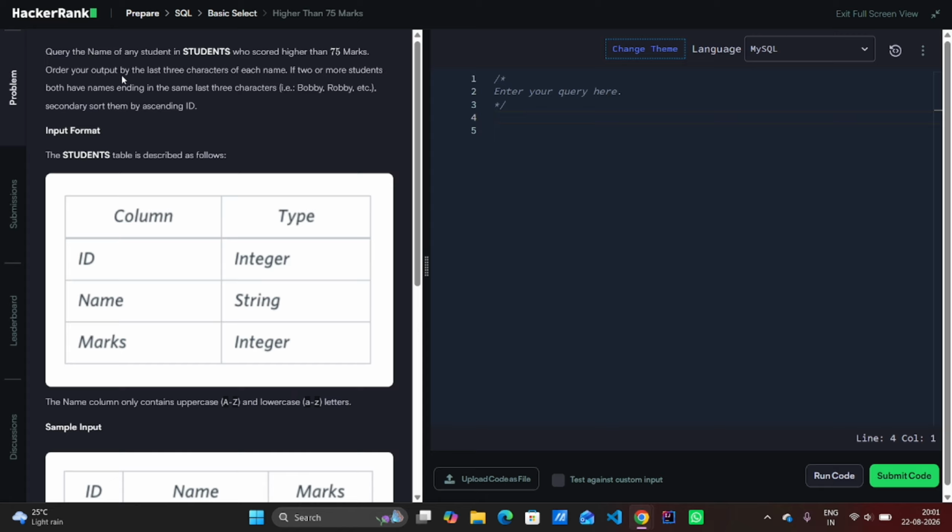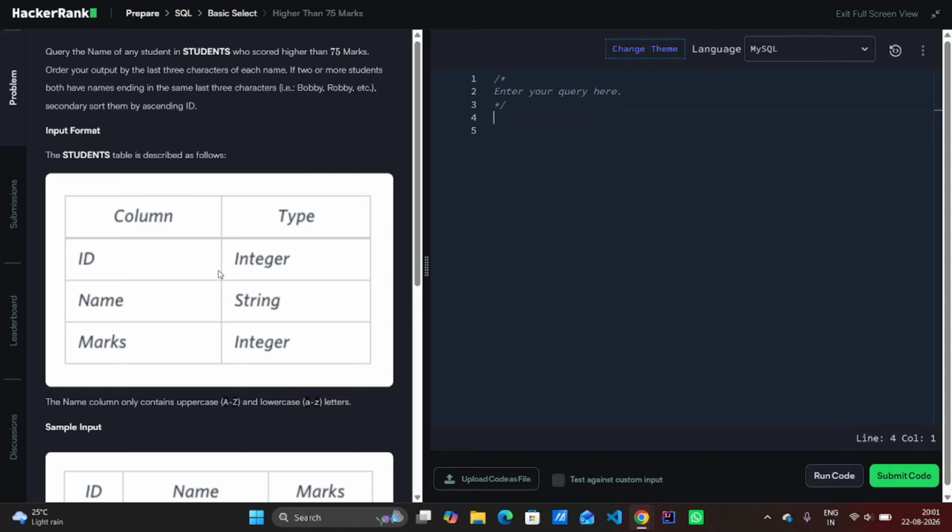Order your output by the last three characters of each name. If two or more students both have names ending in the same last three characters, that is Bobby, Robbie, etc., secondary sort them by ascending ID.